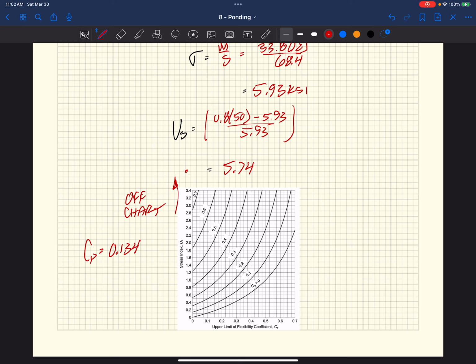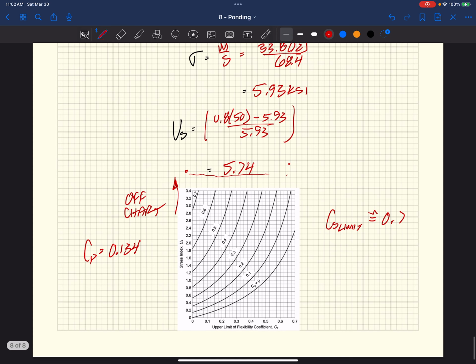So we're going to start up here. We're going to roll across until we get 0.134, which is going to be way over here. So I'm going to say that the C sub S limit has to be approximately 0.7. So C sub S is equal to 0.021, or way okay in this case, right?